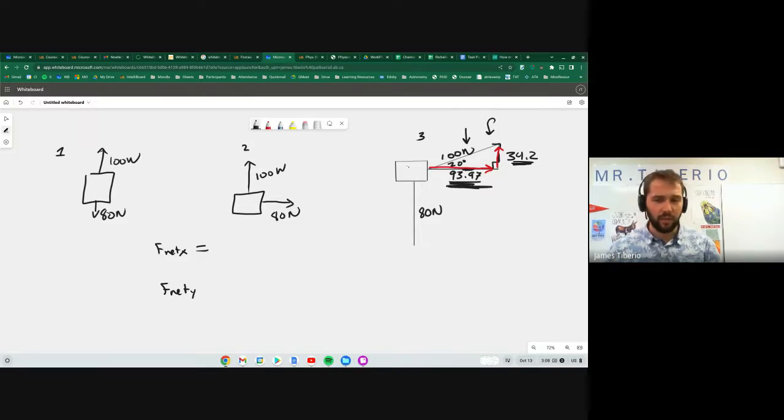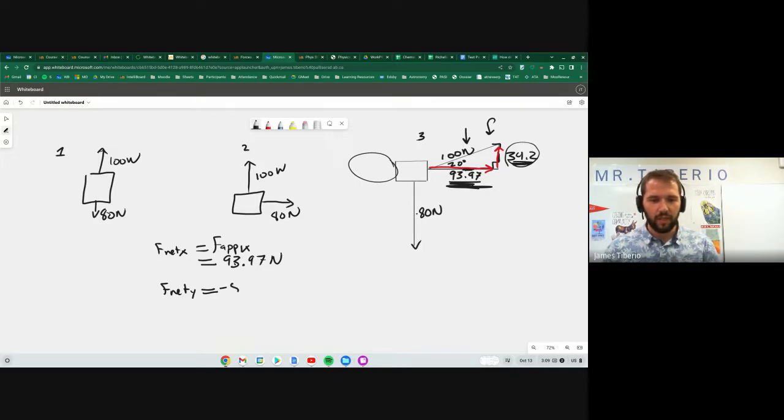There's nothing else pulling to the right, and there's definitely nothing pulling to the left, which means Fnet x equals, you could consider it force applied 1, the first person's force applied in the x direction, which equals 93.97 newtons. Great. Fnet y now equals, well, we've got a force going up and a force going down, and that's going to be a negative 80 newtons because it's down.